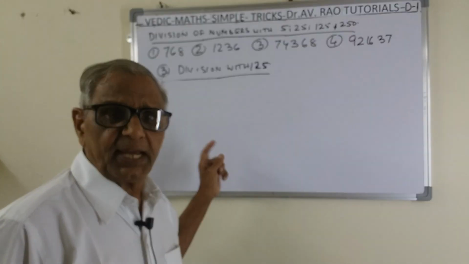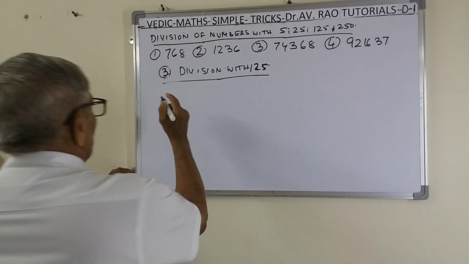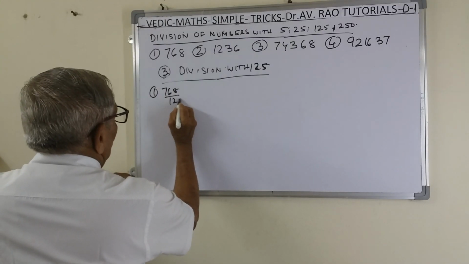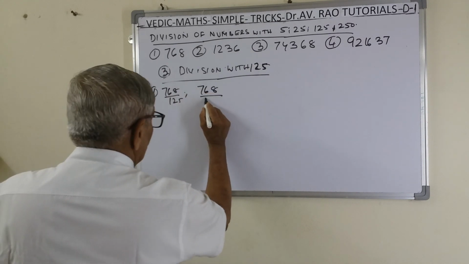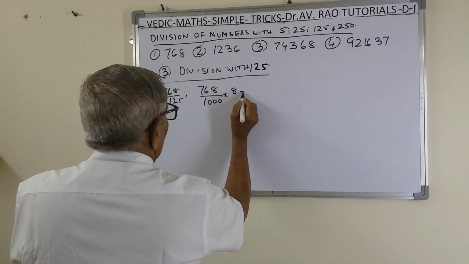Friends, now let us take up division with 125. We will take the same numbers only. So first 768 by 125. This can be written as 768 by 1000 into 8.